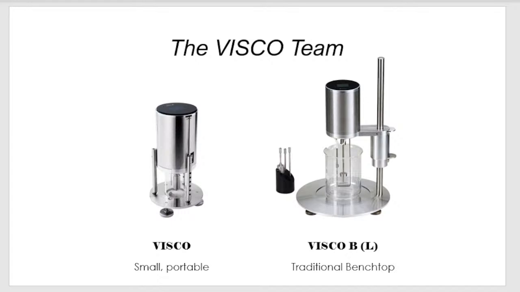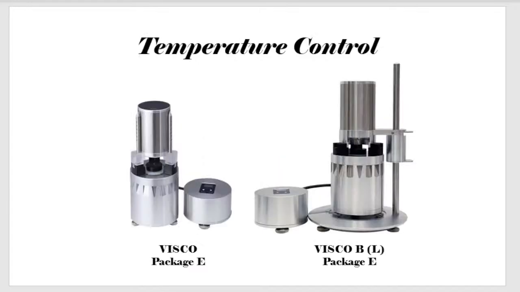The Visco uses very little sample. It uses either 50 milliliters or 100 milliliters, so it uses a lot less sample, which creates less waste of your raw material, less waste of your adhesive. Later we're going to see more in detail about how to use these with adhesive or epoxy or different resins.